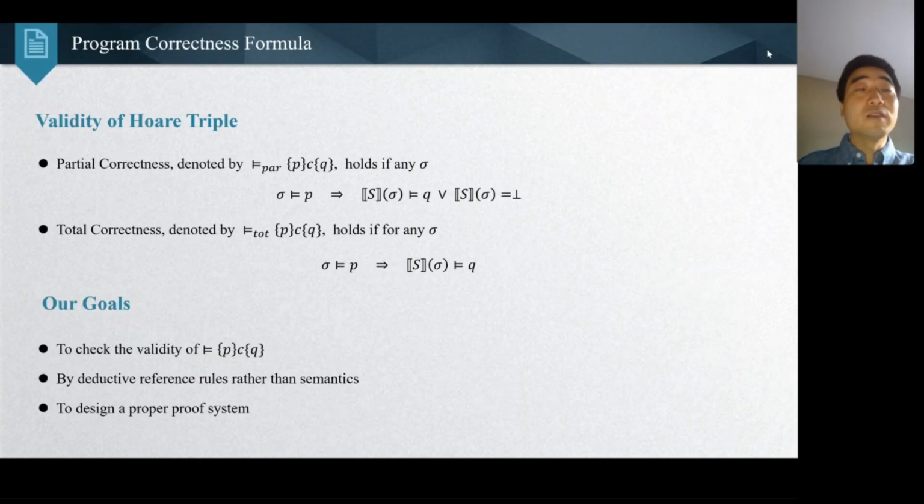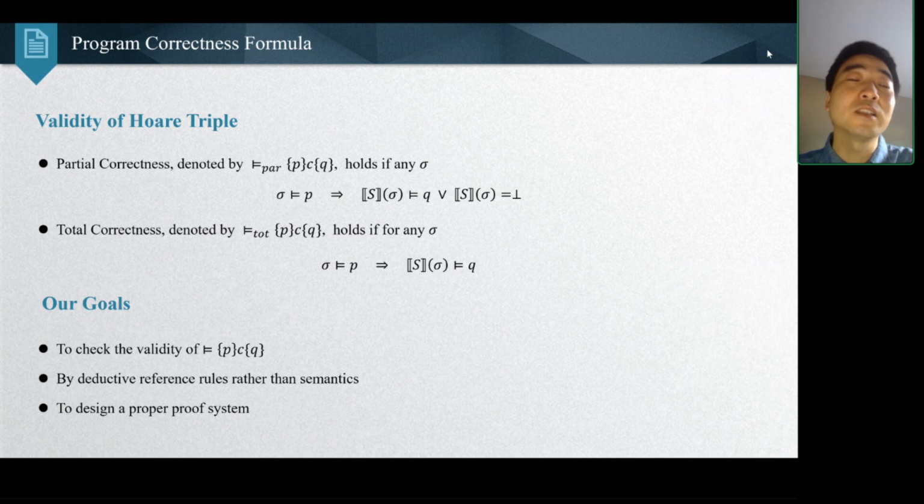The validity of the Hoare triple consists of two definitions. First is called partial correctness, denoted partial {P} C {Q}, where C is the program. It holds if for any input state sigma satisfying P, after the execution, the output will satisfy Q, or the program will abort.